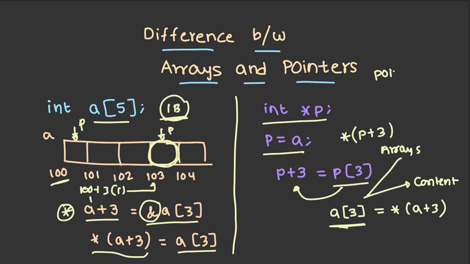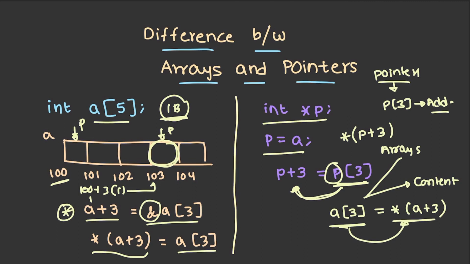But in the case of pointers, when I specify with p of 3 indexing, then it represents an address, as pointers are capable of storing only the address. So p of 3 actually translates to p plus 3 if p is a pointer, and a of 3 actually translates to the content at a plus 3 if it is an array. Just try to remember this and you can solve anything very easily.